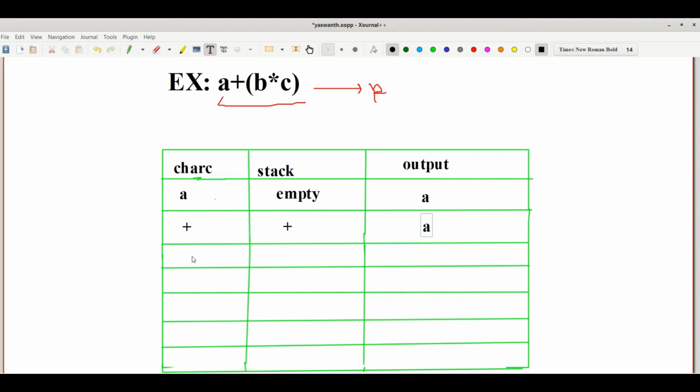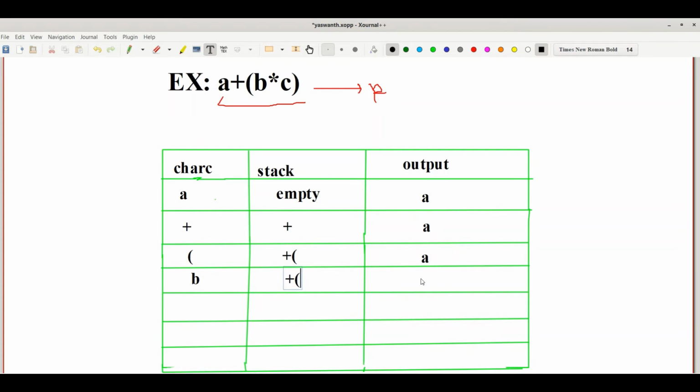What is the next character? Our next character is the bracket. The stack already has plus, and now the bracket is added too. The output is A only. Then the next character is B. The stack doesn't contain B because it is an operand, and the stack holds only what was there before.